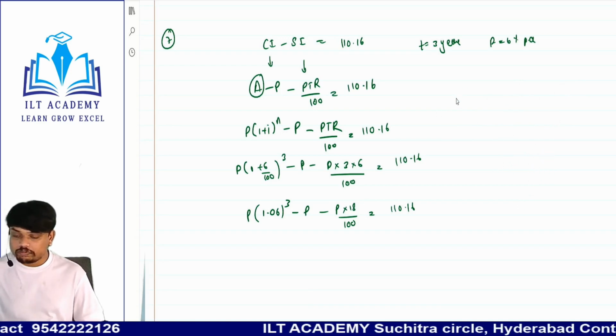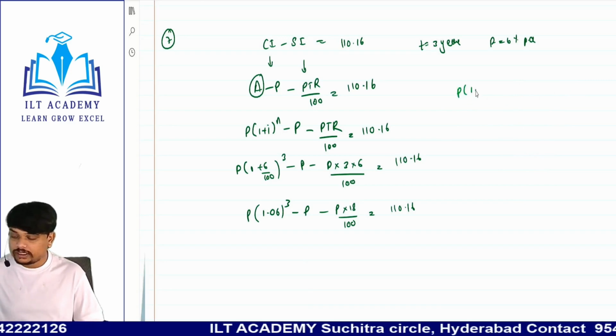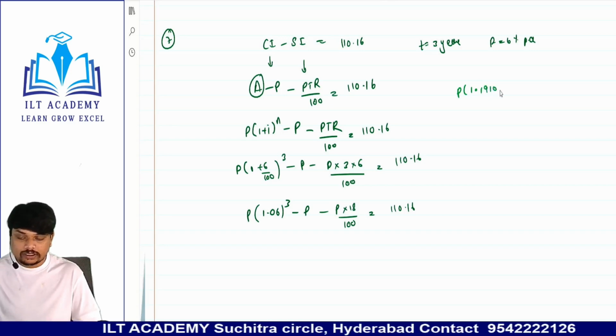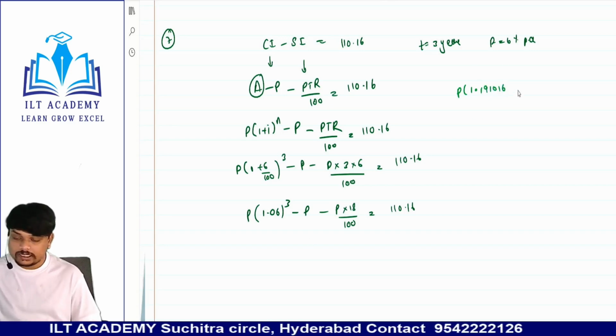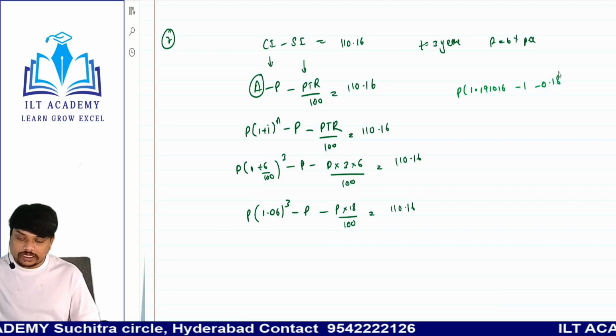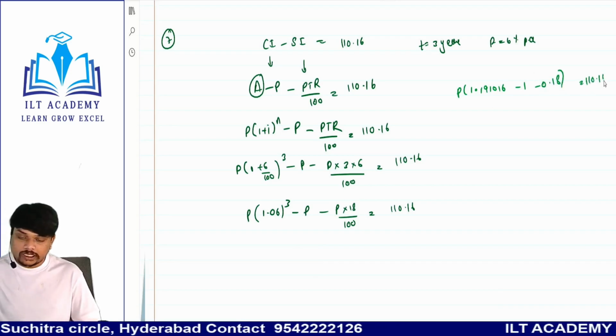Now the P into (1.19106 minus 1), if I take P common, minus 0.18 is equal to 110.16.